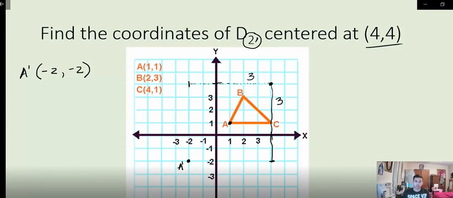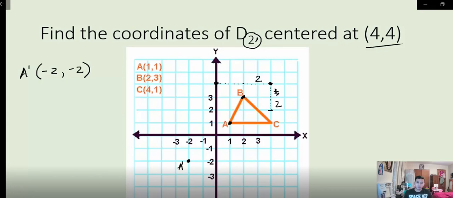We have to do the same process. I'm going to erase that. We have to do the same process for your B. B is horizontally 2 units, and then we also have to double that. That will be our X value there. And then vertically, it's 1 unit from the center of dilation.